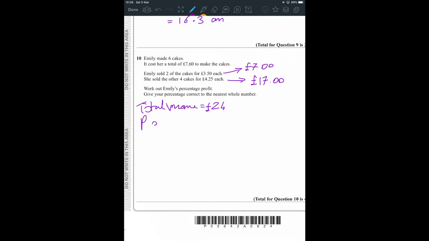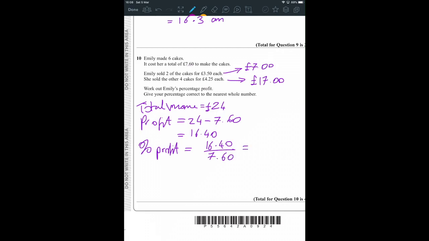So my profit is 24, take away how much I paid, which was the £7.60. 24 take away £7.60 gives my profit as £16.40. So my percentage profit is that profit out of how much I paid.